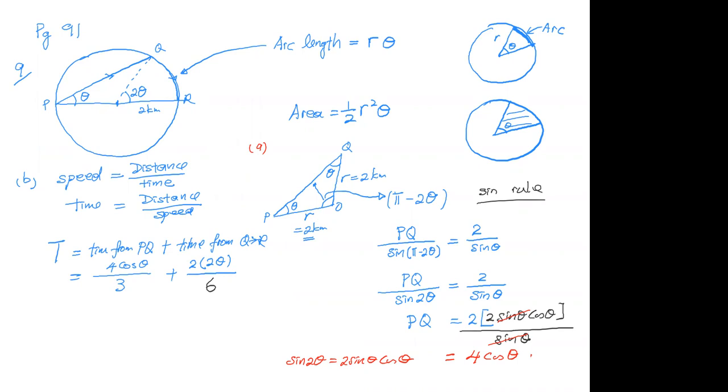The property of a circle. Still remember this? If this is theta, this one will be 2 theta. The angle at the center is double the angle at the circumference. Okay, thank you. Welcome.